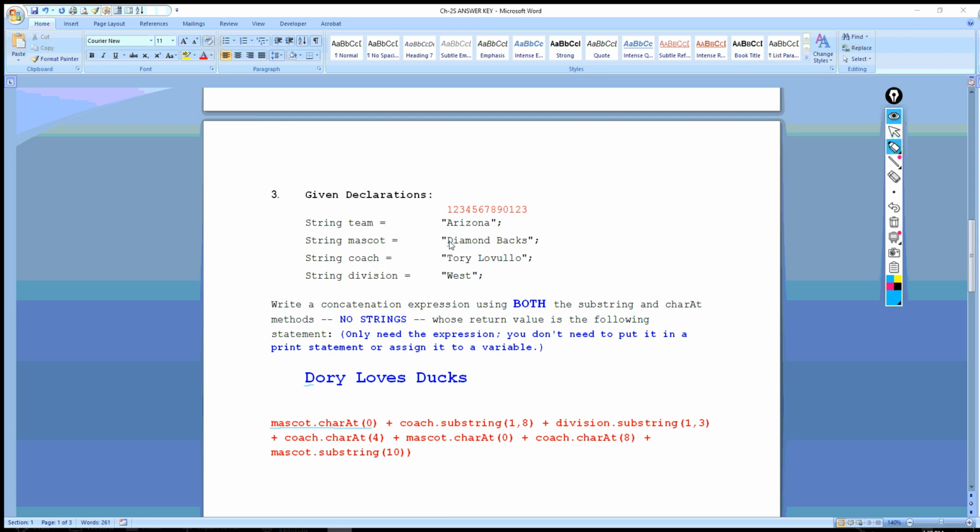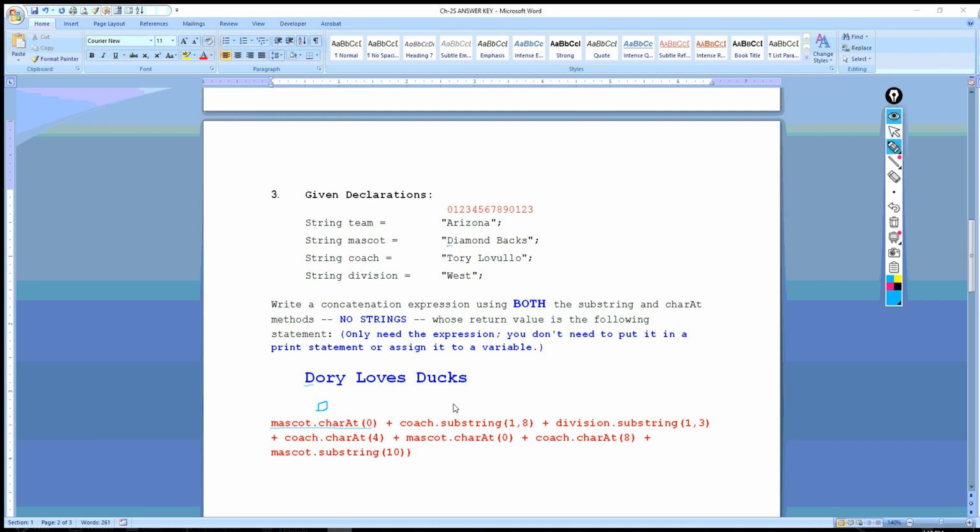So mascot.charAt, and I just noticed something. I had started the numeric positions with 1 instead of 0, which could cause a problem. Anyway, as we look at this, the 0 for the team mascot is a capital D. So that takes care of the D.